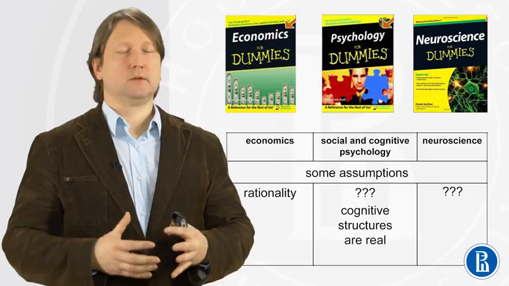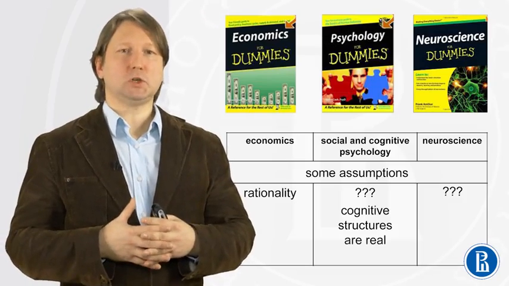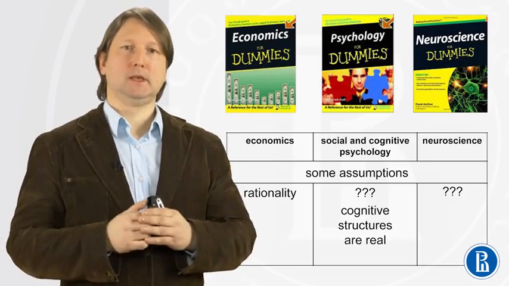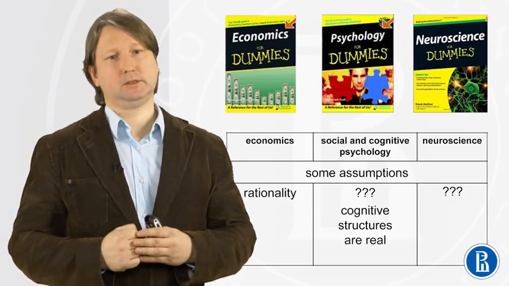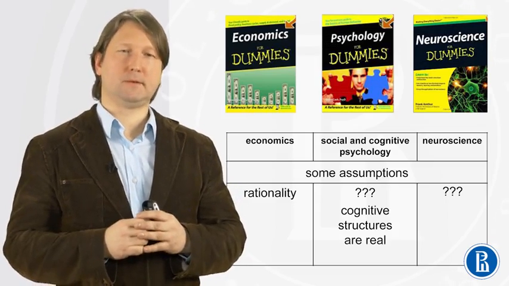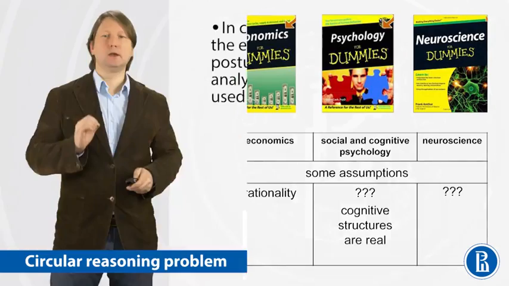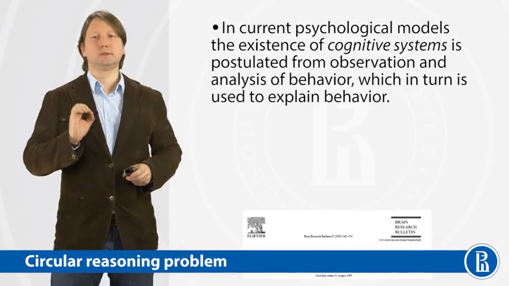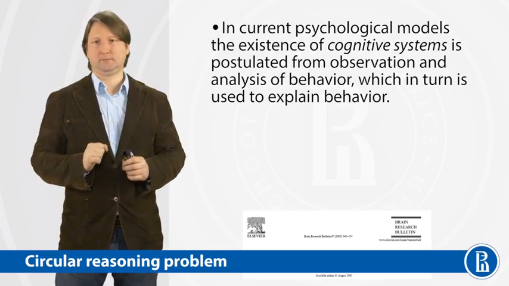So psychology many times questions the assumption of normative economics that we are rational, that we make rational decisions. But psychology itself suffers from some biases of its own, and I like the so-called circular reasoning criticism.